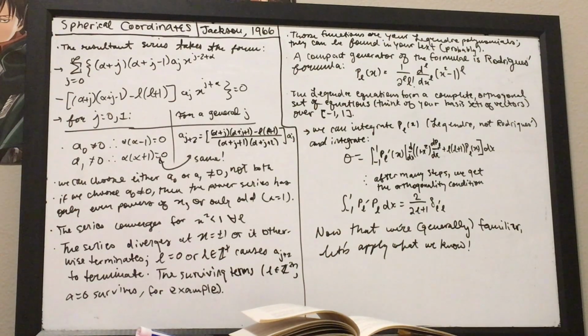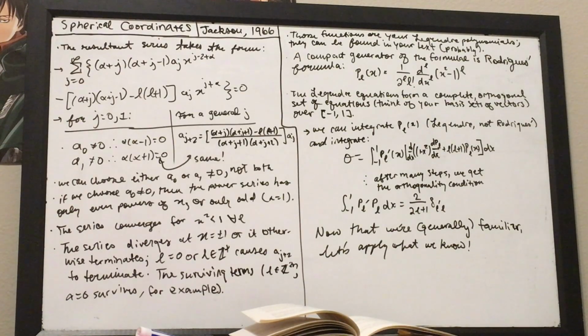Basically that causes a sub j plus 2 to terminate whenever L is equal to one of those quantities. And then for the surviving terms, whenever L is an even integer, the alpha equals 0 term survives, and whenever L is an odd integer, the alpha equals 1 term survives.